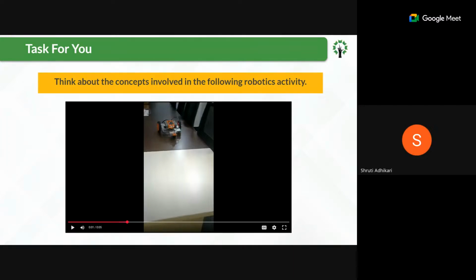We have multiple concepts being integrated in this activity. We have the concept of motion, right? Then we have the concept of friction. Perfect. So many concepts. Then what all concepts are there?